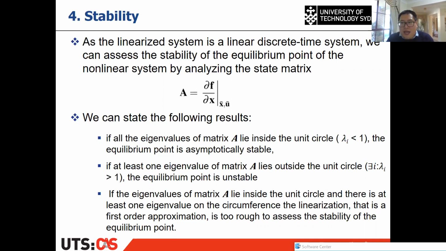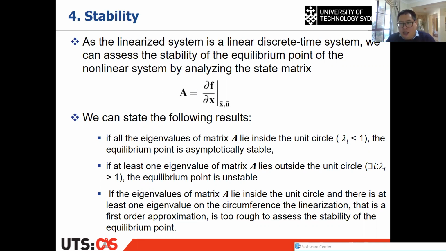And how to do that is, at the equilibrium point, you can do the linearization, right? You do the linearization at that equilibrium point, and then after the linearization, you can get a linear system.